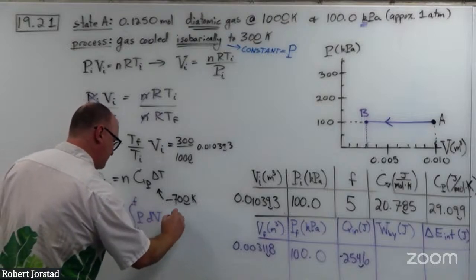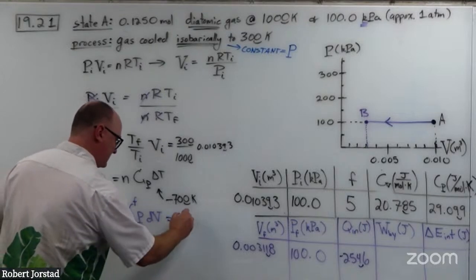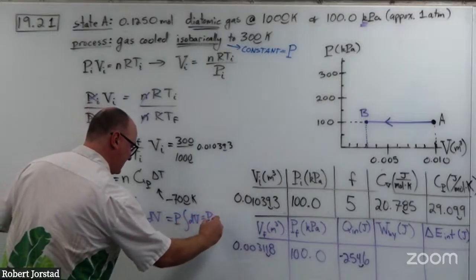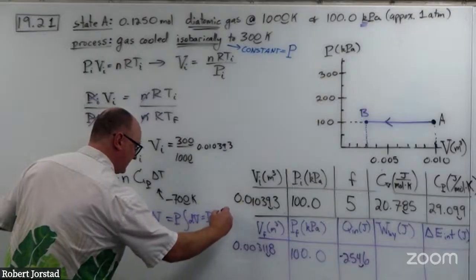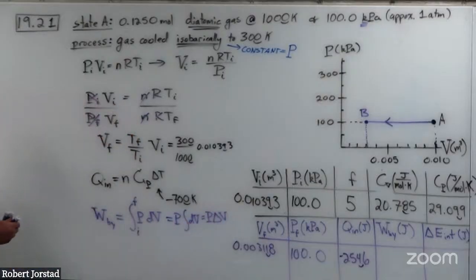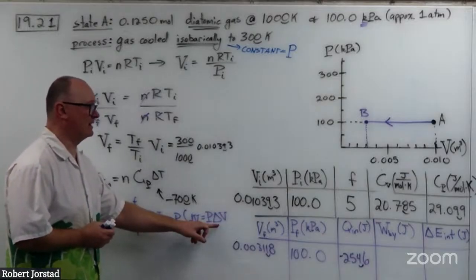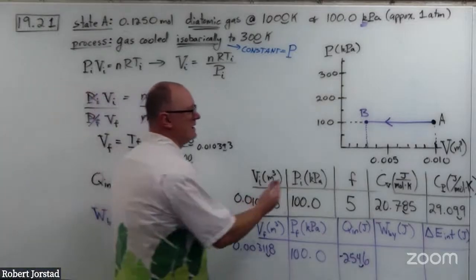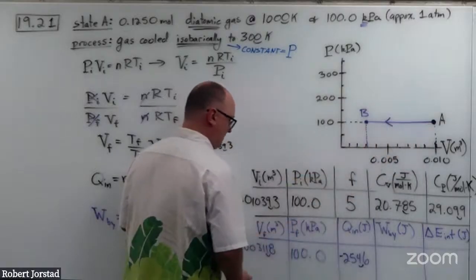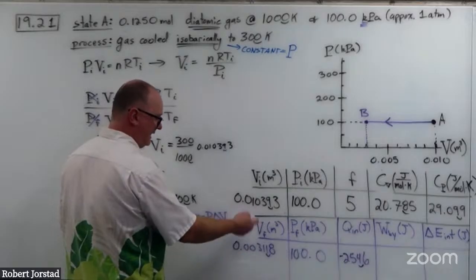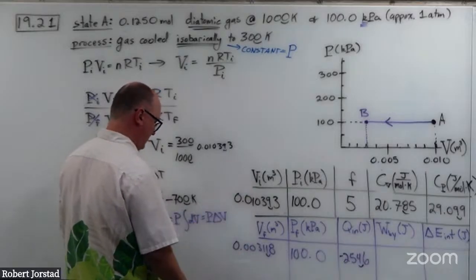That would just be P times the integral of dV, which is just P times delta V. Be careful. Think, is delta V positive or negative? It's shrinking. The volume gets smaller. We're going to have about negative 0.007.